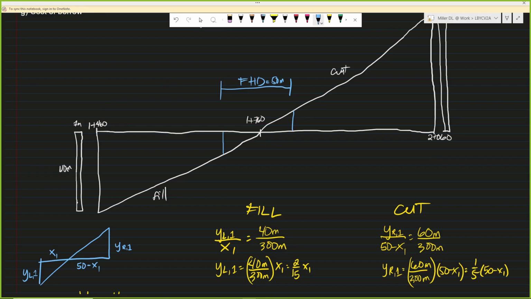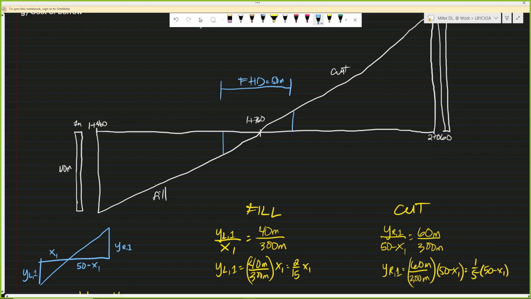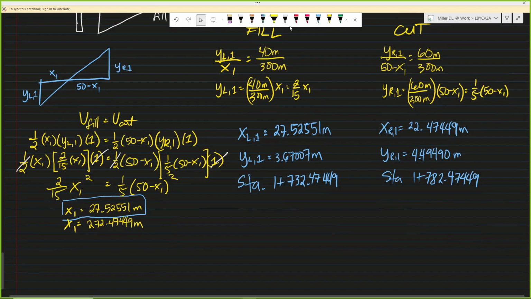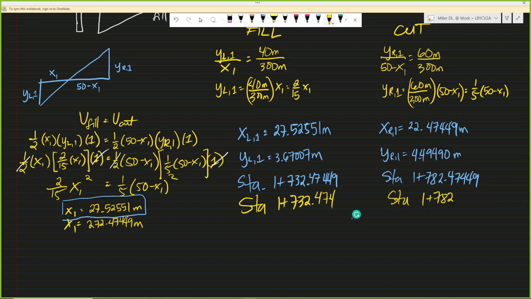Okay? So, going back. So, dito, na-solve natin is that ito yung mga stations. But then again, ang final answer natin dapat up to the third decimal lang. So, 1 plus 732.474 and station 1 plus 782.474.